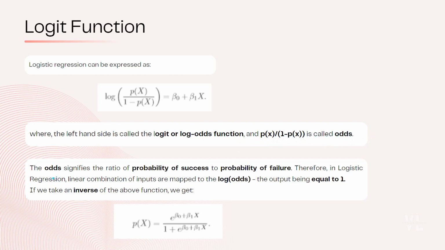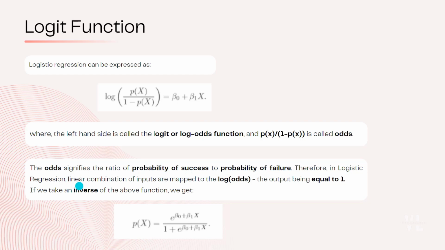And what do we mean by the odds? The odds signify the ratio of probability of success to probability of failure. This is also one thing that you might learn from an introduction to probability class: the odds is the ratio between the probability of success and the probability of failure.